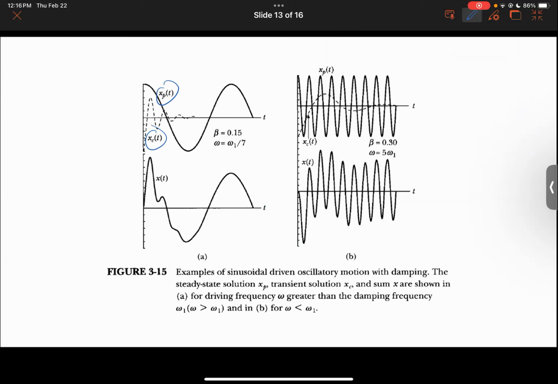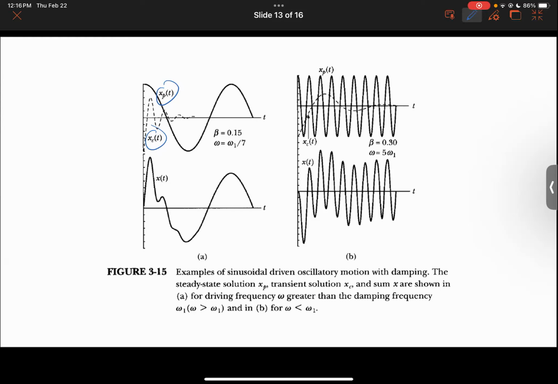And this is for the case where beta is equal to 0.15, but more importantly, omega, which is the frequency of the driving force, is 1/7 of the angular oscillation of the transient or the complementary solution.